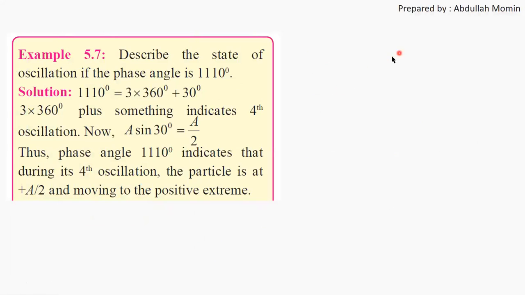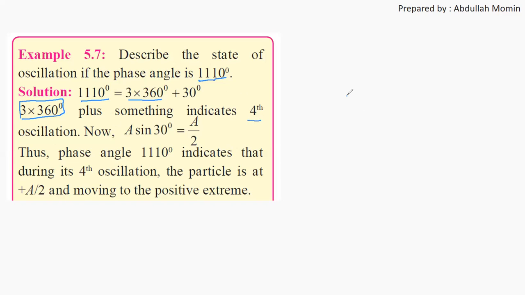So the next numerical is example 5.7, and in this example the question is: describe the state of oscillation if the phase angle is 1110 degrees. So 1110 means 3 into 360 plus 30. If it is plus something, it indicates the fourth oscillation.